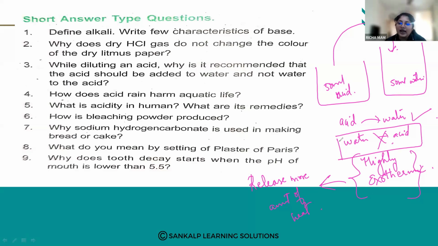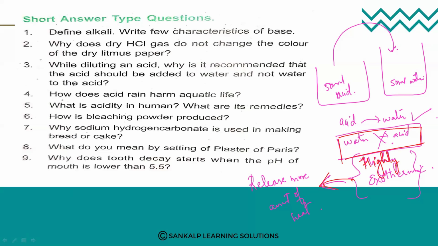If you add water to acid, the reaction is highly exothermic. Exothermic means it releases more heat. Understood? So whenever you are diluting any acid, you should add acid to water and not water to acid, because adding water to acid is a highly exothermic reaction that releases a lot of heat.